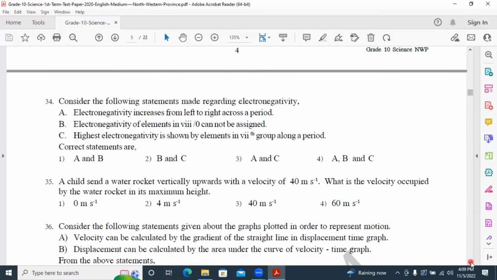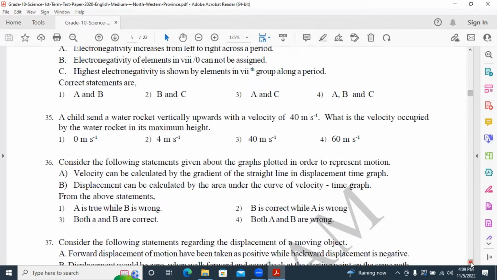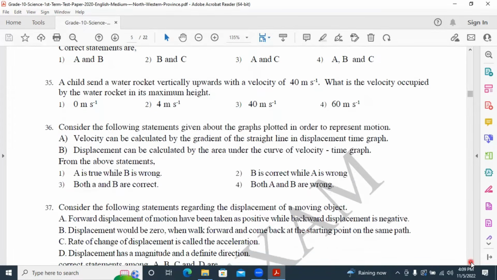Answer number 4, A, B, C, all are correct. 35. A child sent a water rocket vertically upward with a velocity of 40 ms-1. What is the velocity of the water rocket at its maximum height? At the maximum height, there is no motion for the rocket, so the velocity is 0 ms-1, answer number 1.